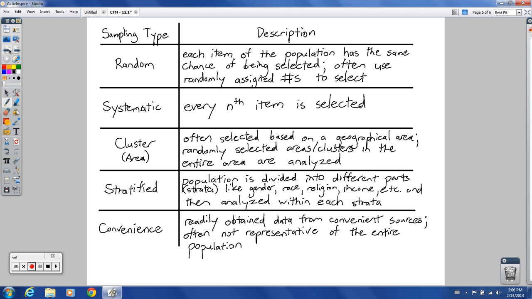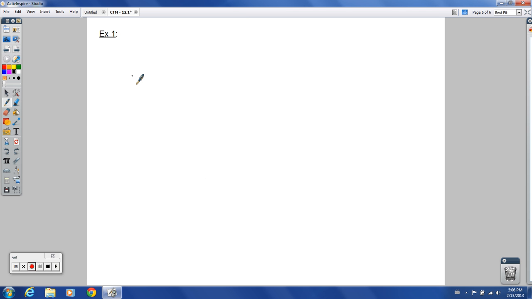And so we'll do an example, and that'll actually be it. We're just going to do one example for this one. No number crunching, just identification here. So identify the sampling technique. We're going to go back to that table we just did.